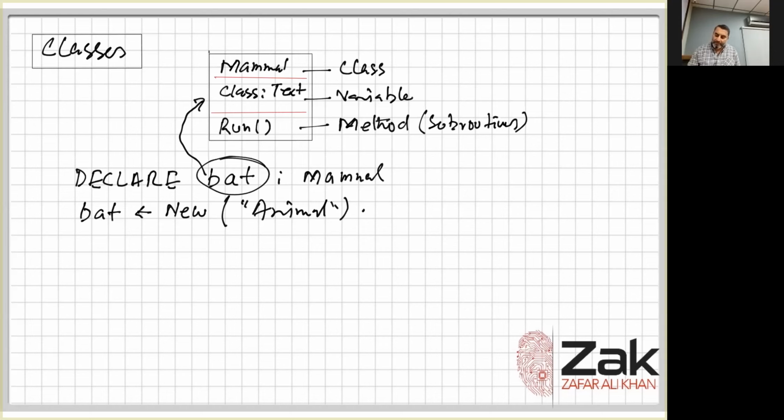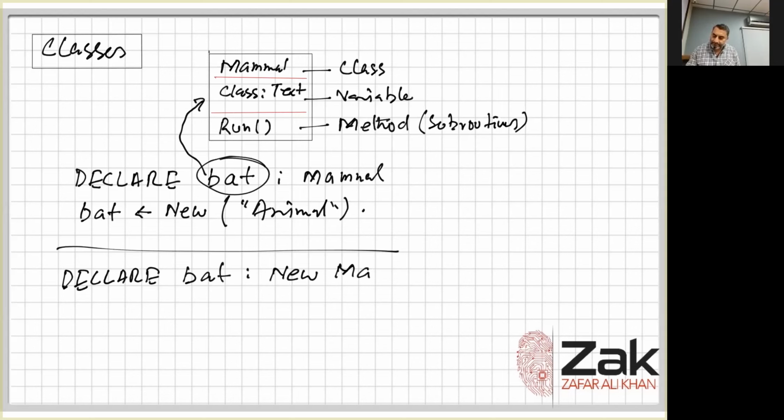And sometimes another syntax can also be used, that is declare bat as new mammal, with the value that we are going to send to it to instantiate itself.